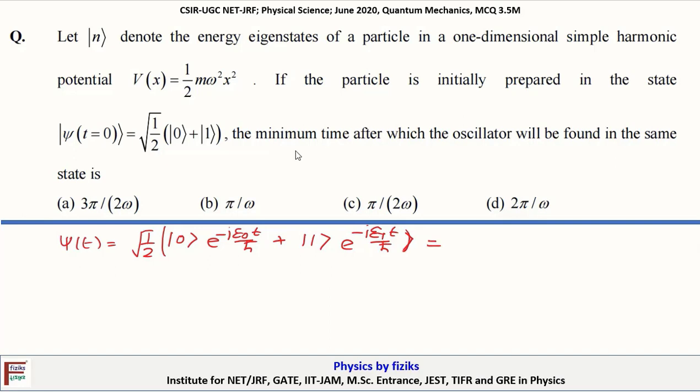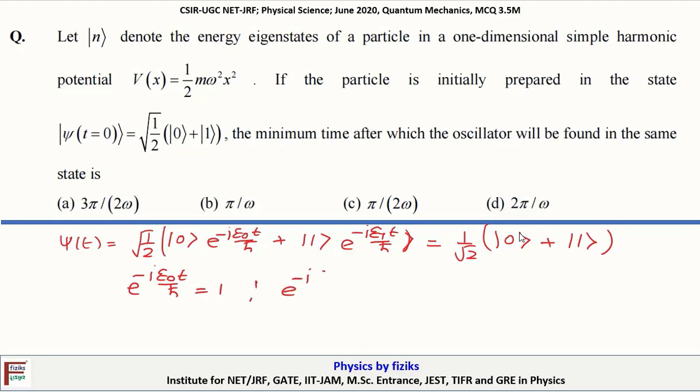We have to determine the time period after which this form would reduce to 1 by root 2 [ψ0 e to the power minus... plus ψ1...]. This can only happen when e to the power minus i E0 t by h cut is equal to 1.